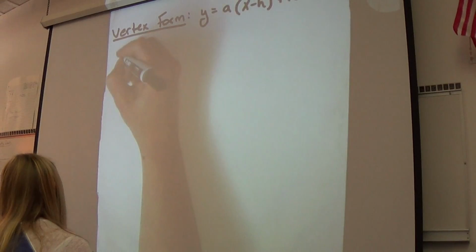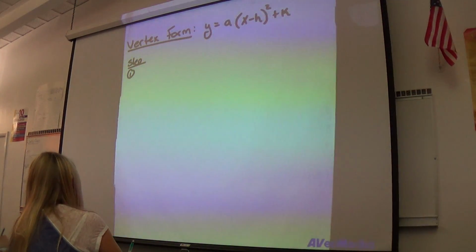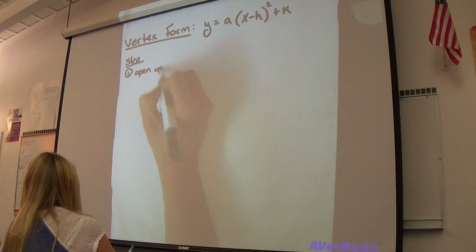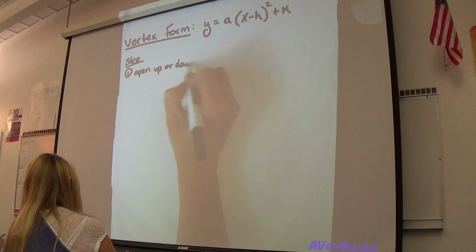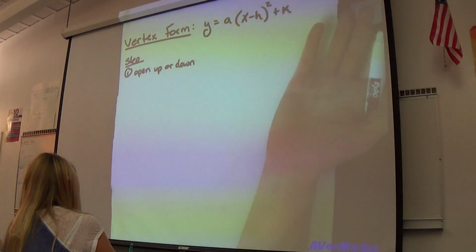All right, so as I go through this, step number 1 is going to be to ask whether it opens up or down. So what's my, and then my example.